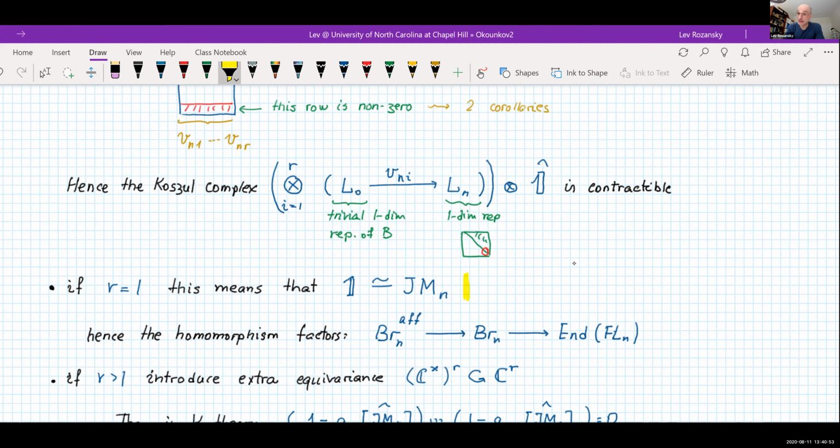And when you tensor it with identity braid, you get a complex between identity braid. Should put here a hat. So 1 over a hat over 1 means matrix factorization corresponding to identity braid is the same as the matrix factorization of the nth Jucys-Murphy, which means that our homomorphism from affine braids into the category factors through ordinary braids. So we get this. We get representation of the ordinary braid group.